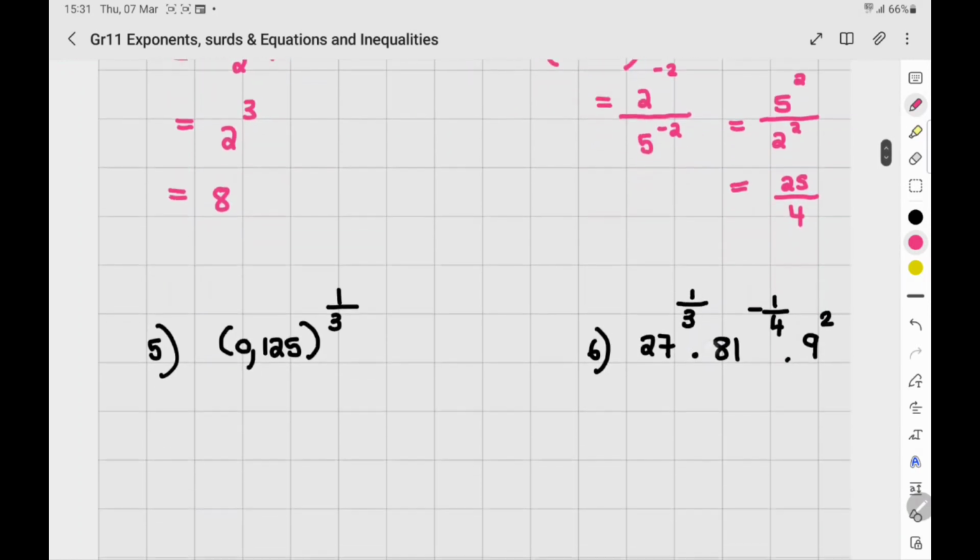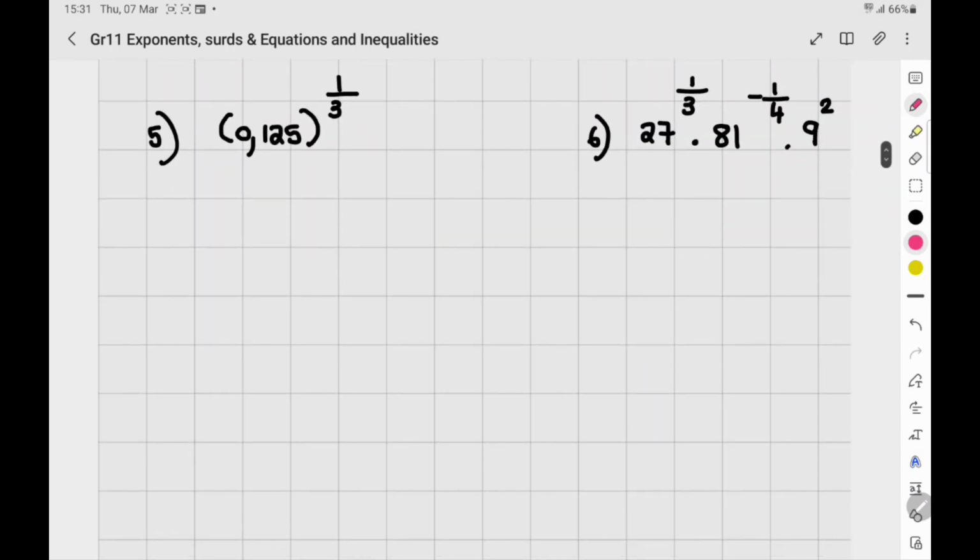All right, easy peasy. This one as well, 0.125 can be written as 1 over 8, all raised to the power a third.